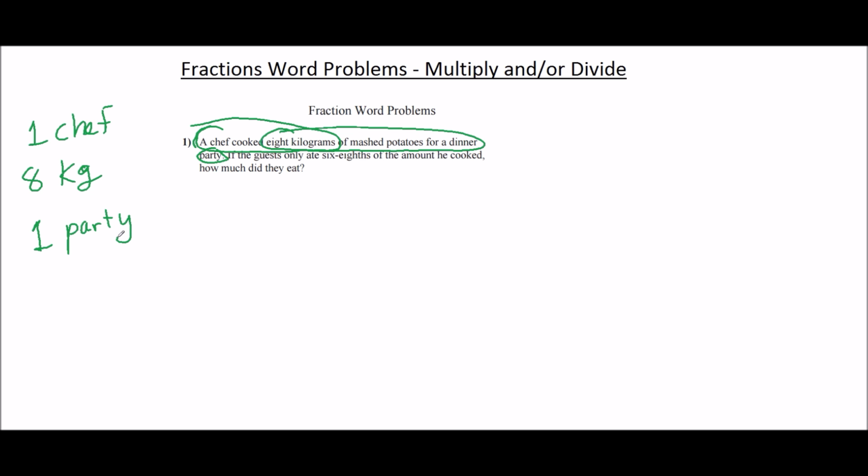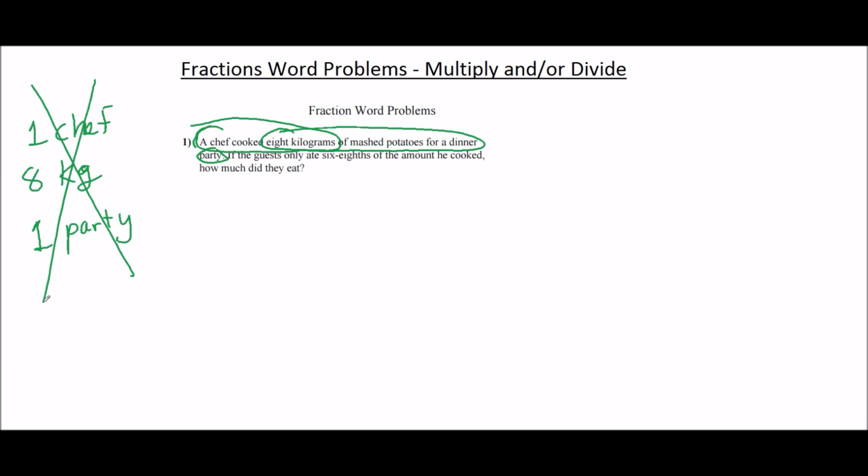But looking at the question, we're not asked about chefs or parties. We're just asked about how much did they eat altogether. The guests only ate 6/8 of the amount. How much did they eat? So even though you can spot those rates, they're not going to help us here.